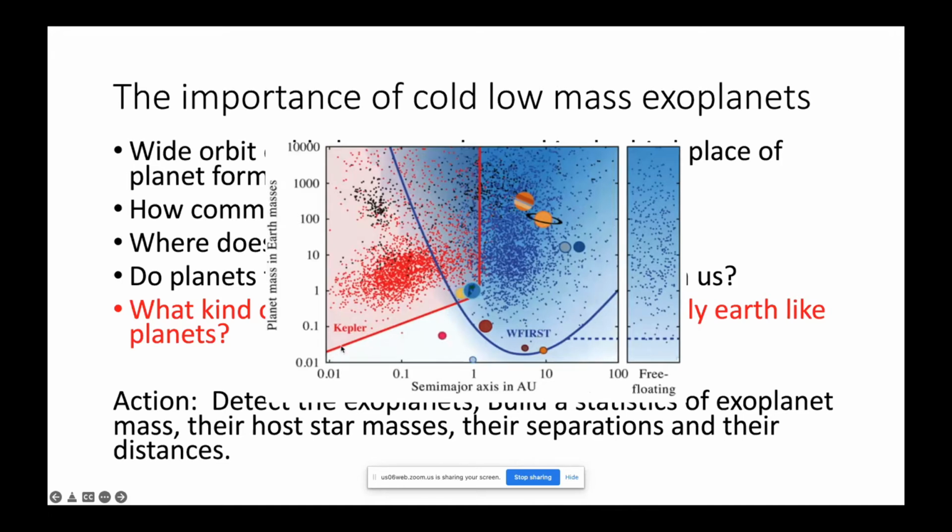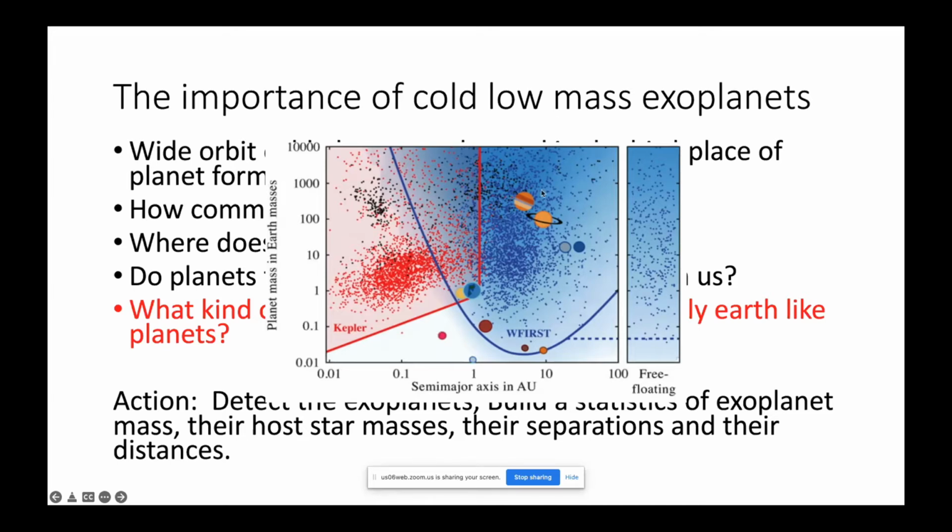As the diagram shows, these are a lot of the planets that were detected by Kepler, mostly with transits. These planets have different masses, but most of them are really close to their host star. You can see the planet mass in Earth masses on the y-axis, and the semi-major axis in AU on the x-axis.